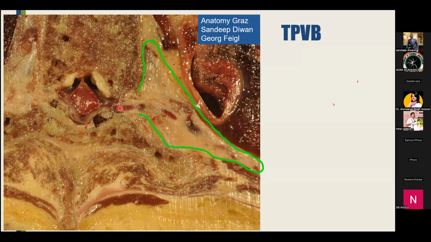Now, what it contains is the ventral rami, as has been described, and you can see that if this is the epidural space, and this is the dura, it encompasses the ventral nerve, but we are unsure to what extent it's going to go, because then it merges with the perineural area, and you can see the fat which is around this particular nerve.